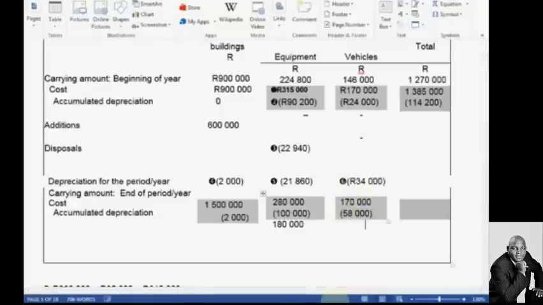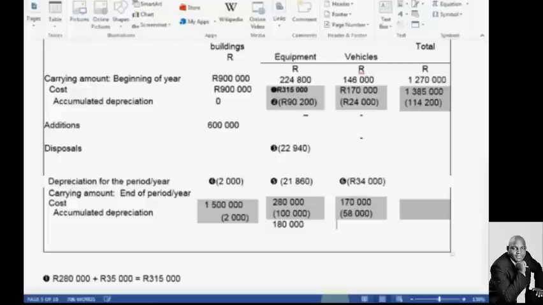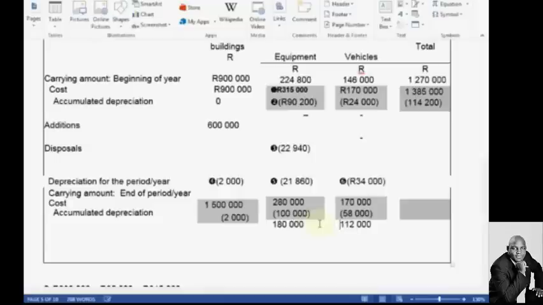And then that plus that will give you your carrying amount, which is 112,800.